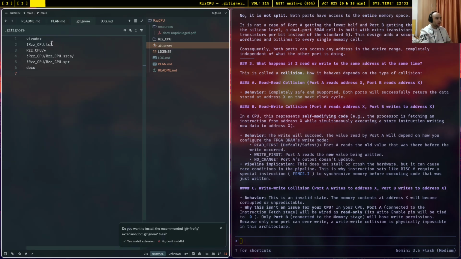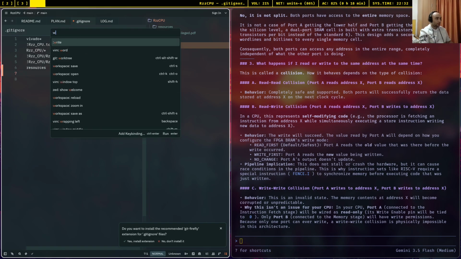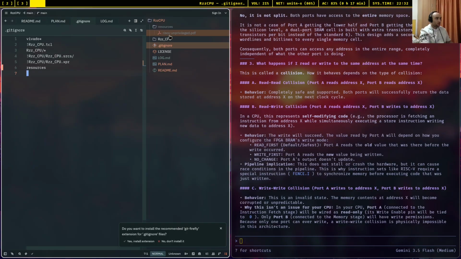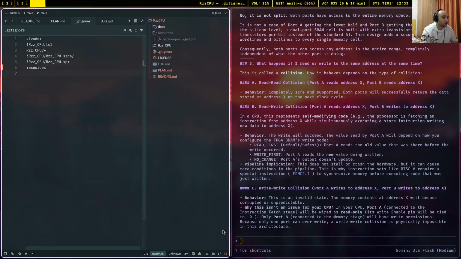Let's open .gitignore, and then let's create a new folder and call it docs. Here we can have all our MD files explaining how the architecture works.